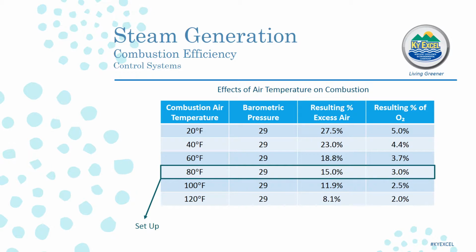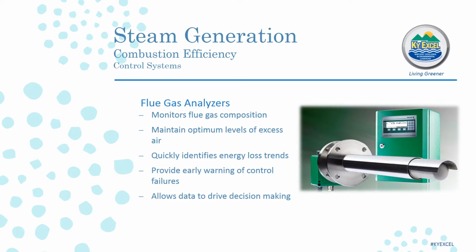Monitoring in control systems like flue gas analyzers and oxygen trim systems can help you maintain optimum excess air levels and achieve consistent efficiency. Flue gas analyzers monitor the composition of flue gas, thus identifying energy loss trends and providing early warning of control failures. In an effort to maintain optimum levels of excess air, flue gas analyzers give information which allows data to drive decision making.